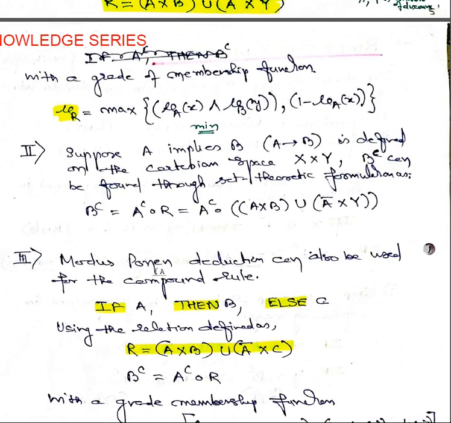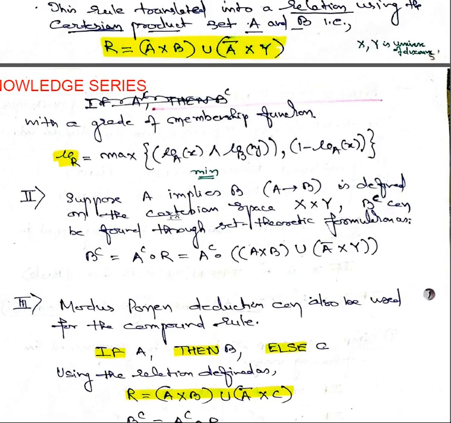Another way to express it is that A implies B is defined as a Cartesian product of x cross y, where the complement of B can be found using set theoretical values. Now if you want to find the complement of B, it equals the complement of A composed with R. So A complement composed with R, that is A cross B union A complement cross Y. That is how this relation R comes here.